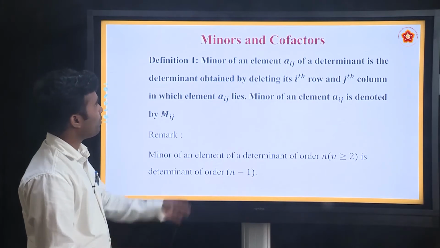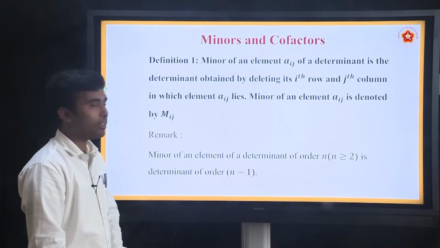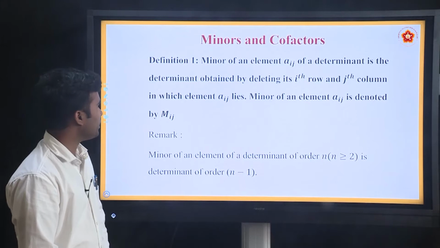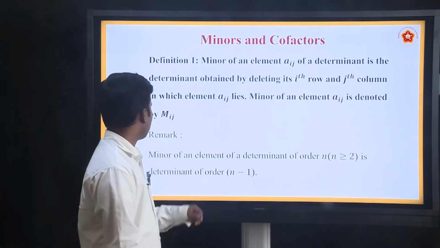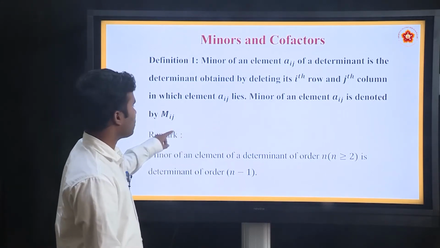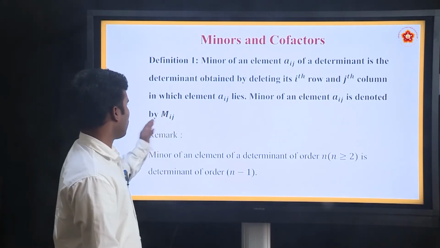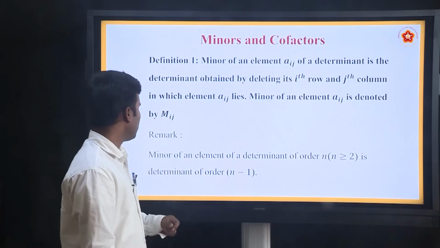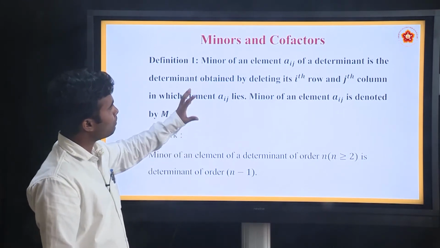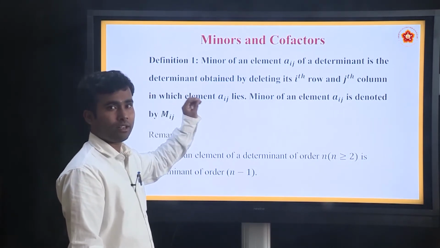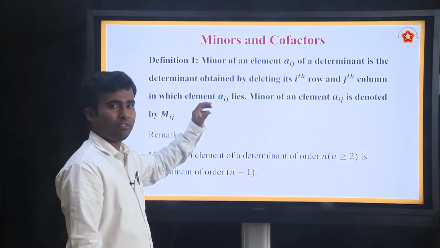That is how we can find the minor of an element of a determinant, and minor of an element can be denoted as Mij, where i denotes the number of rows and j denotes the number of columns. You will understand the proper definition while we solve the problems.